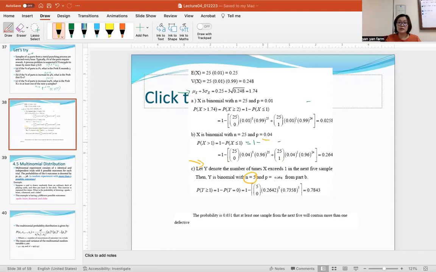Successful rate is 0.04, but your sample size is different. So therefore your P changes. Okay, so try this. If you can't or you have any question, we can discuss in our next lecture again.